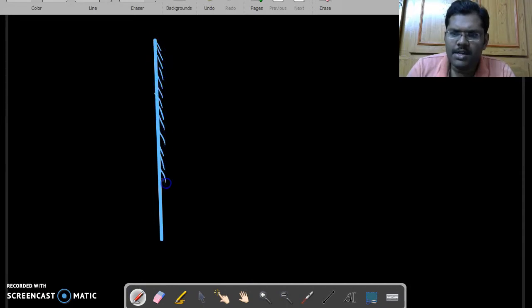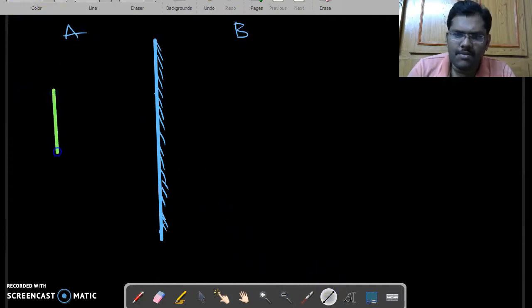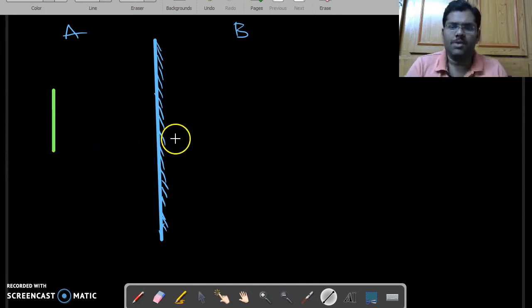The back side is coated, so the mirror surface will be on the A side and the image will be formed on the B side. So if we consider any object in front of it, the image will be formed on the B side. So how does the image form over here?